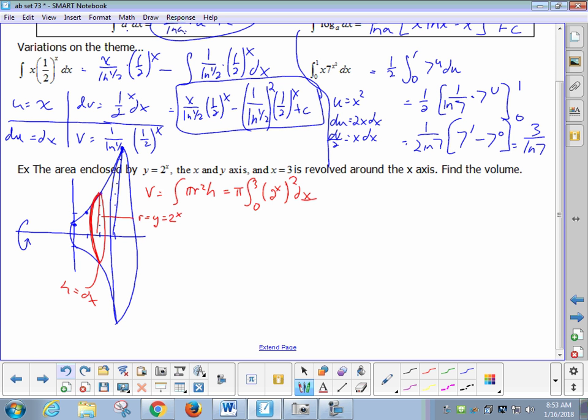Well, think algebra. How can you simplify 2 to the x to the second? Multiply, okay, power rule, we know that this is the same as that, yeah? Now I'd like you to undo what you just did, but differently.